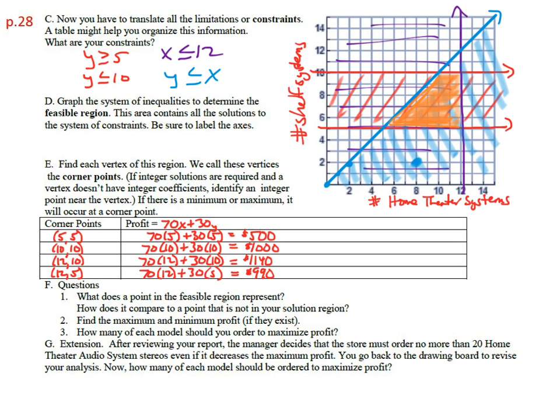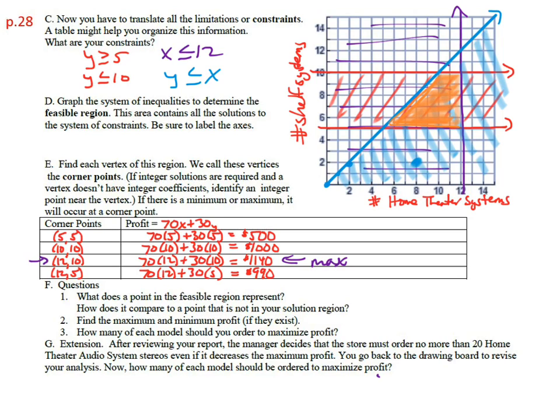So, looking at what we found from each of those, we can see there's our maximum profit at $1,140 at 12, 10. So let's make sure we understand everything that's going on here.